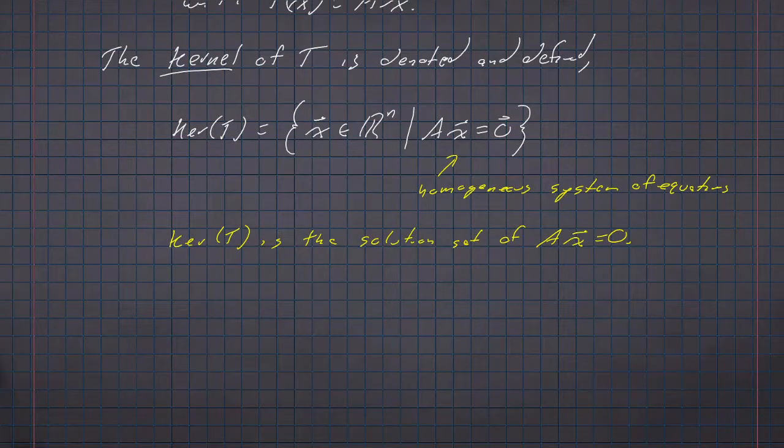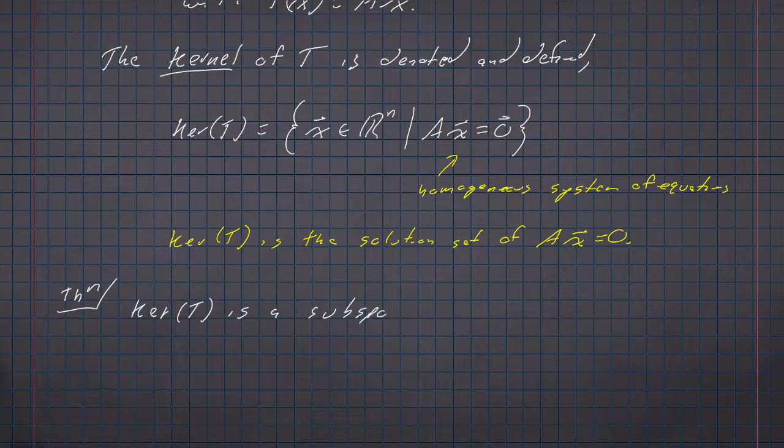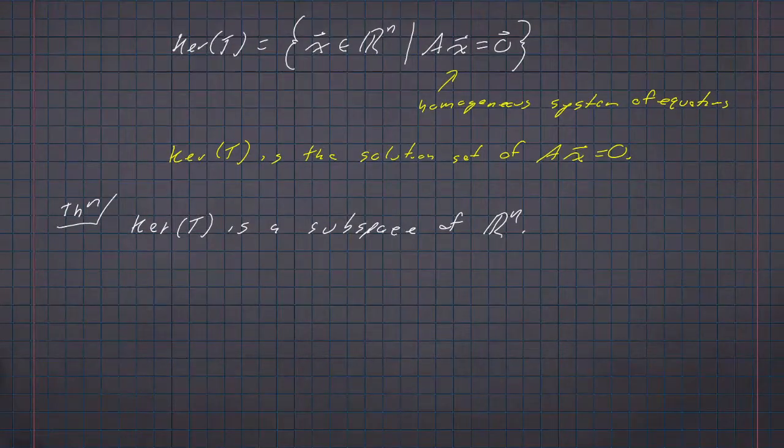Given what we are talking about, it shouldn't be too much of a surprise that my theorem is that the kernel of the transformation is a subspace of Rn. The kernel is a vector space. The solution set of a homogeneous system of equations is a vector space.